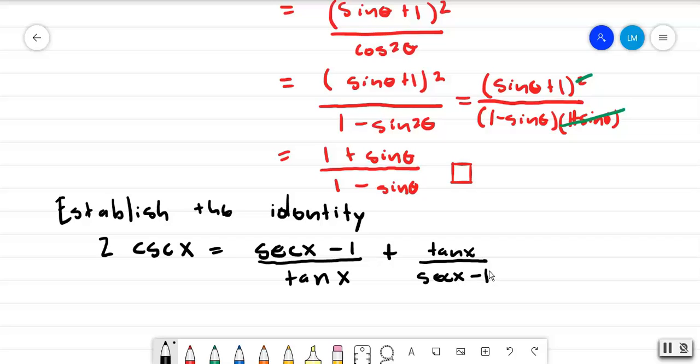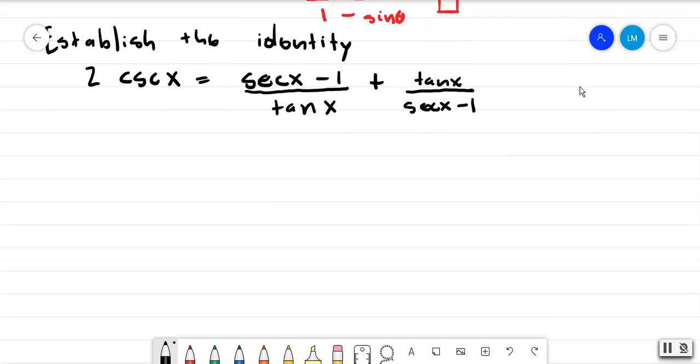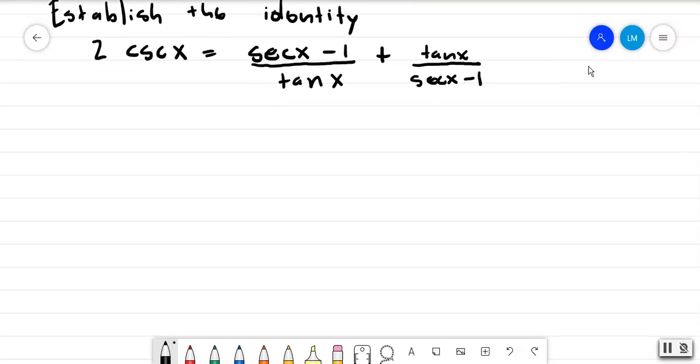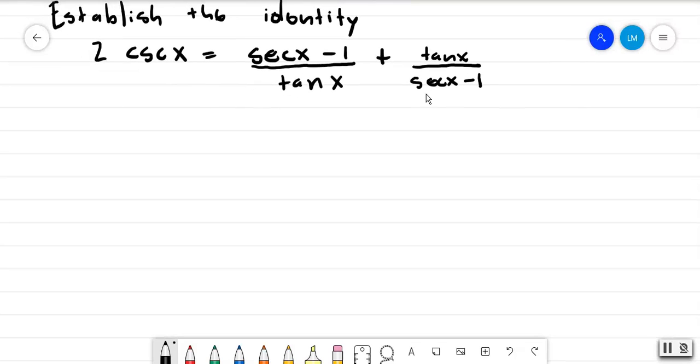Now, there are probably several ways that we can do this problem, but the main thing is that the rule of thumb says that we work the hardest side. The way that I would phrase it is, we work the most complicated side, which in this case happens to be the right-hand side.